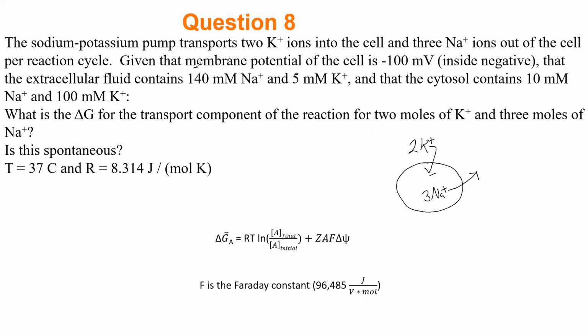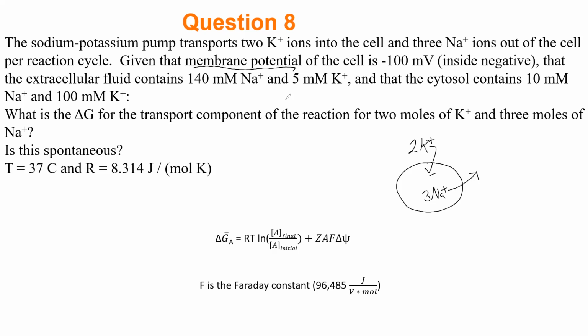Now, membrane potential. What that is saying is, what is the difference between the charge of the inside of the cell and the outside of the cell? That's membrane potential. What's the charge difference?